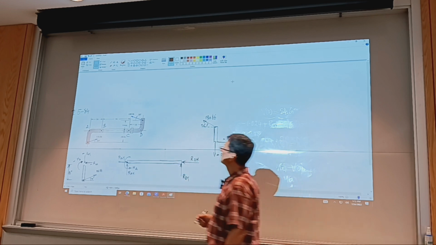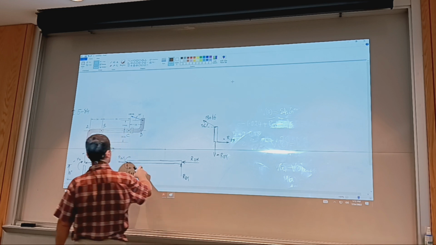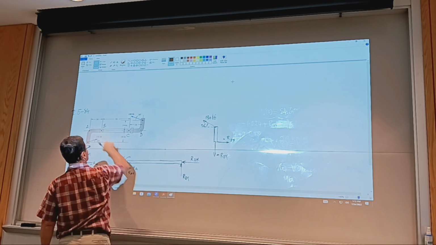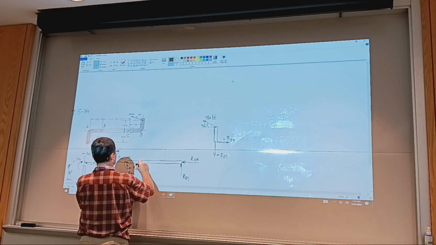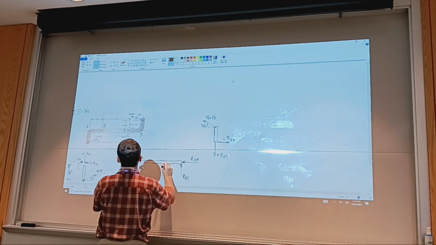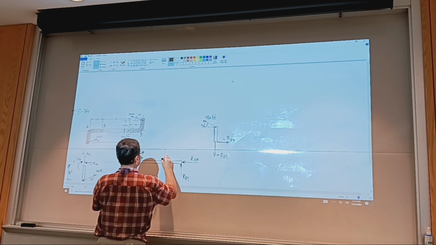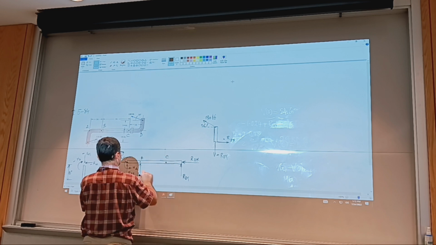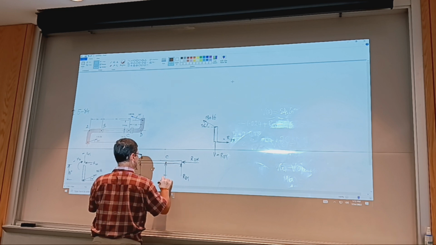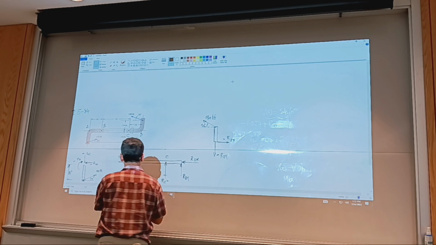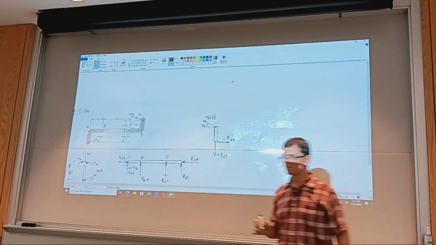Okay, so this is our beam, and then again, this will be our main concern. So I have point B, and I have point C here, and it's where RB and RC are, and we need to calculate them.